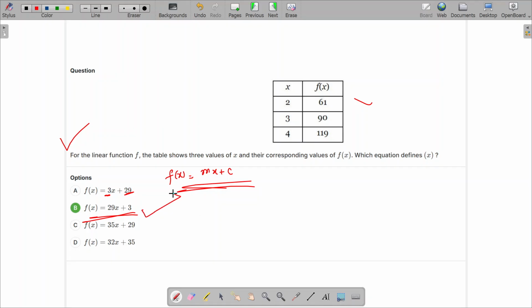Now you can see how much faster you can do these questions using regression, using Desmos. The only condition is you have to practice it beforehand. Practice each and every question on Desmos on your own so that your speed of putting the question on Desmos and checking the answer will increase.